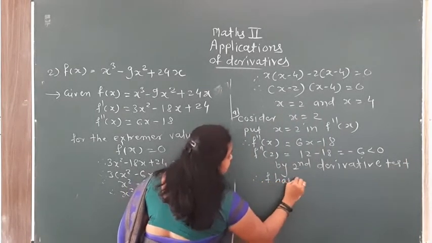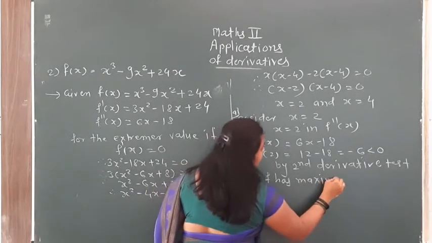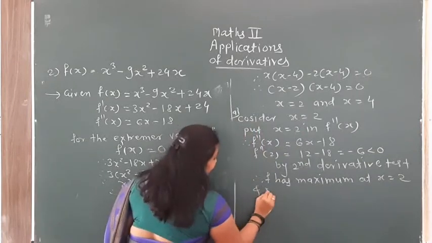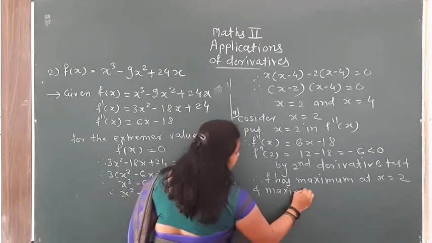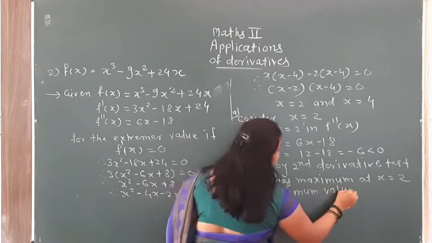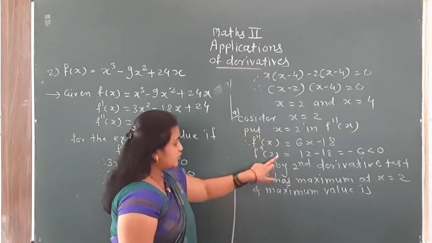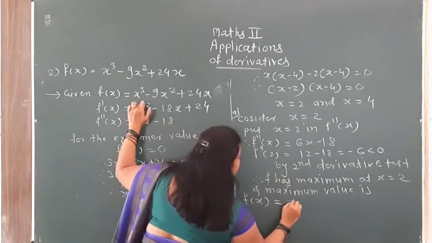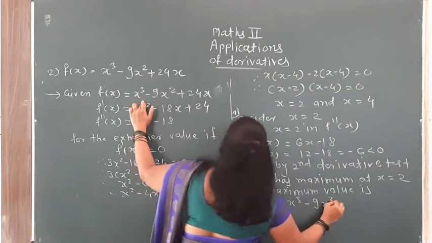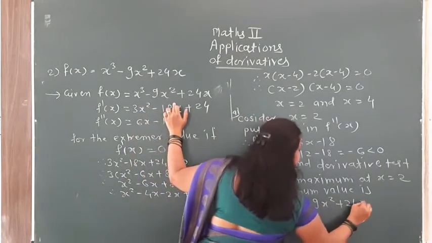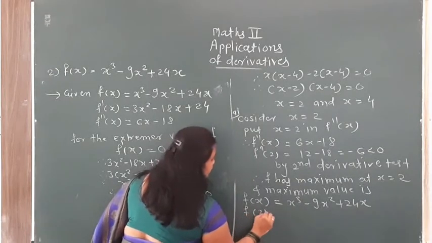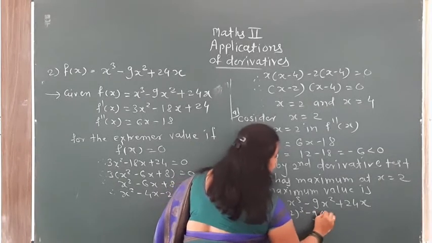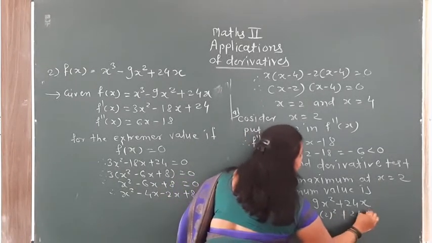f has a maximum at x is equal to 2, and the maximum value is found by substituting into f of 2. So 2 cube minus 9 times 2 square plus 24 multiplied by 2.